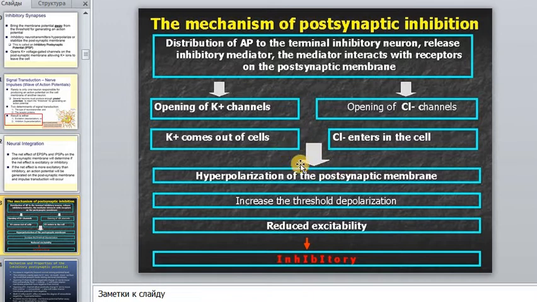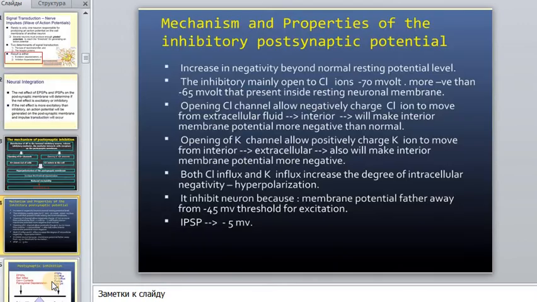And in these cases, we have hyperpolarization of the postsynaptic membrane, which increases the threshold of depolarization, and in the end, inhibition of action. This slide just describes all of this in text.